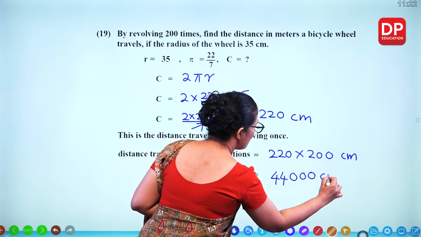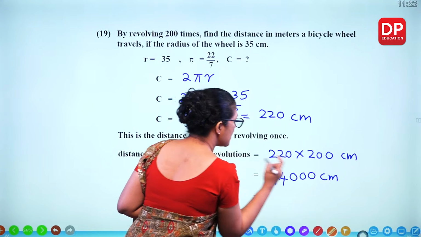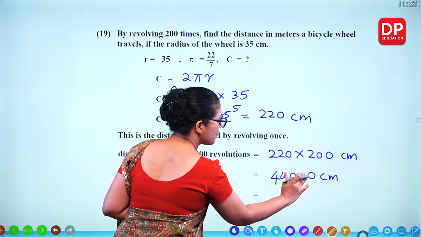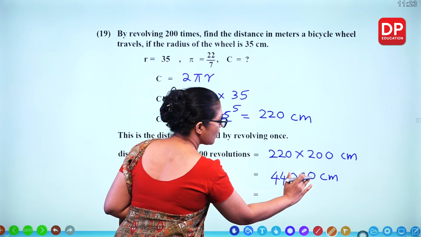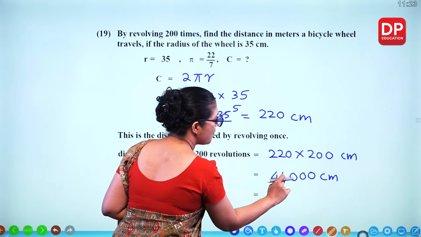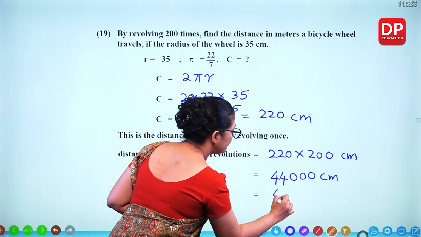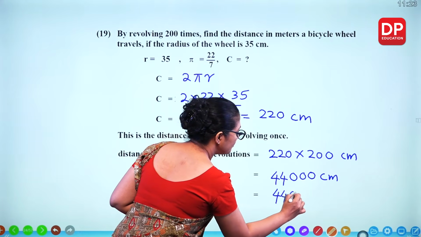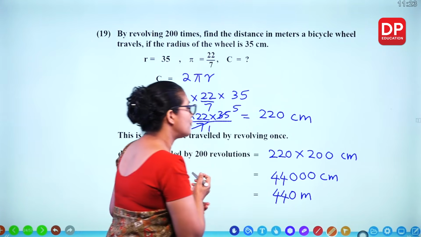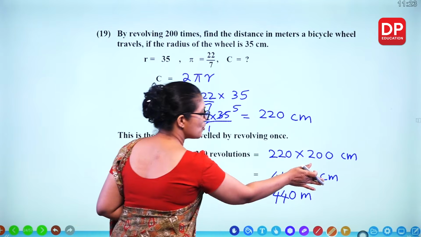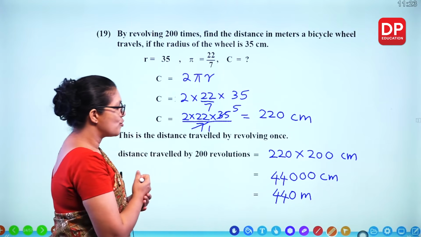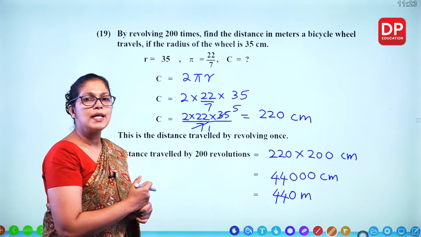So 44,000 centimeters. You can divide by 100 and you can write 440 meters. So when you divide by 100, two zeros get cancelled out, so you get 440 meters.